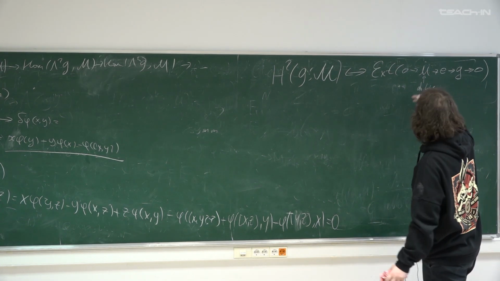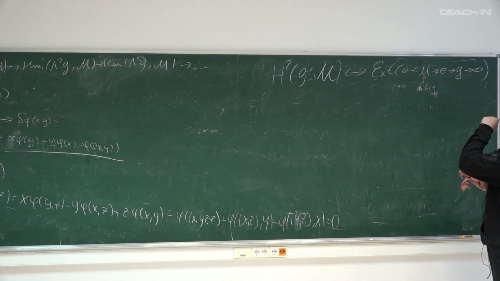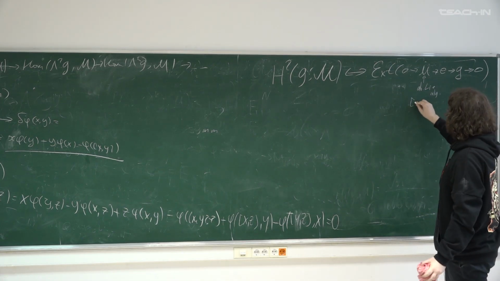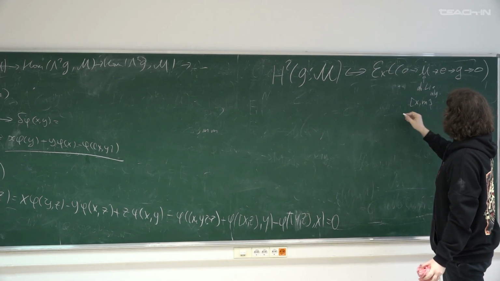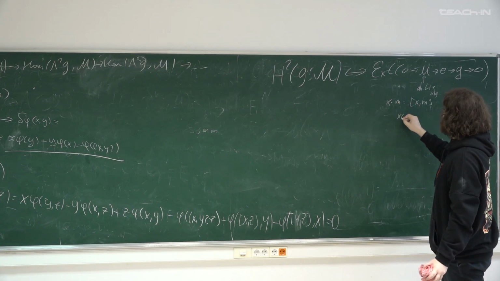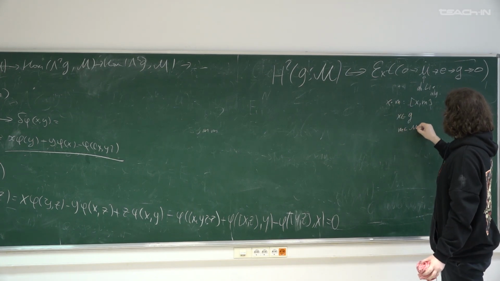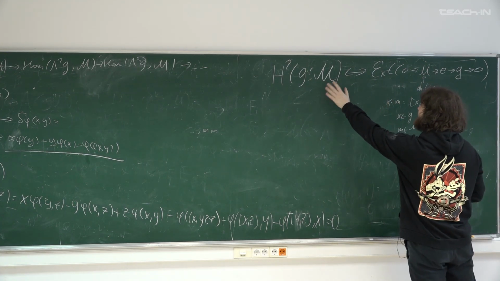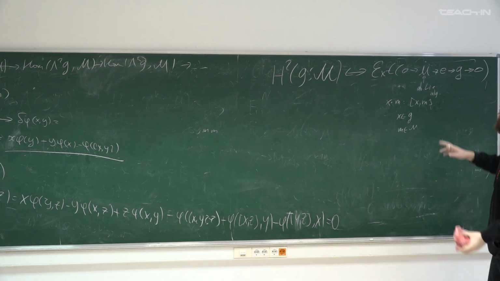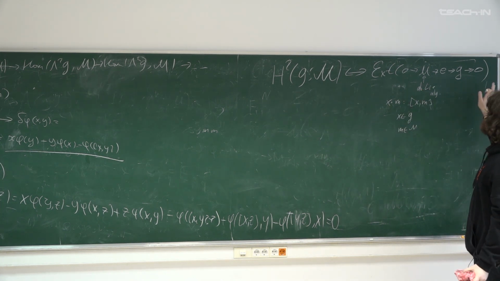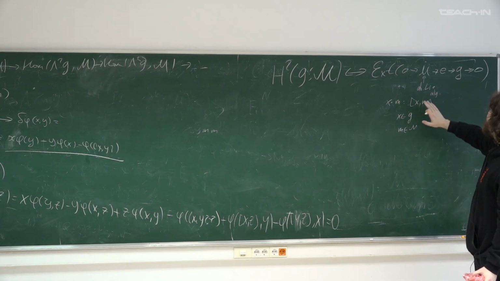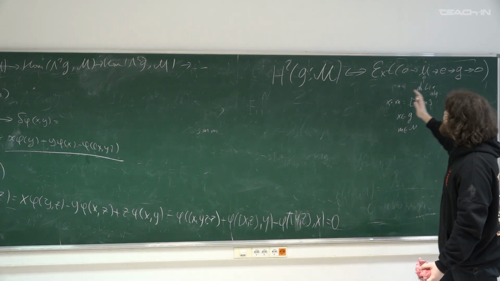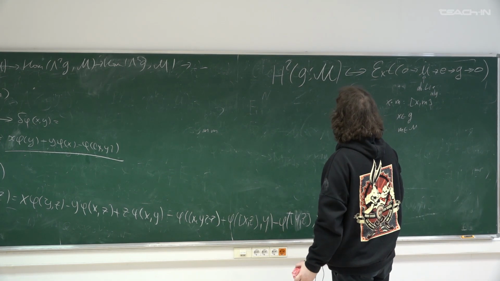But M is a G-module, and if we have any such extension, then the quotient acts on the kernel by commutator. But this action of x from G on M from M is correctly defined, and we consider exactly this action if the action on M is fixed in this situation. So for fixed G action, we consider the set of all such extensions where the action is fixed, and M is considered as an abelian Lie algebra, and the set of such extensions is in bijection with second cohomology.